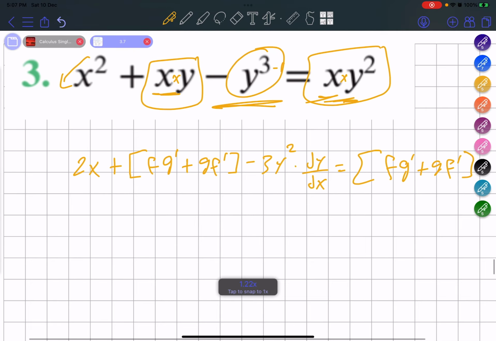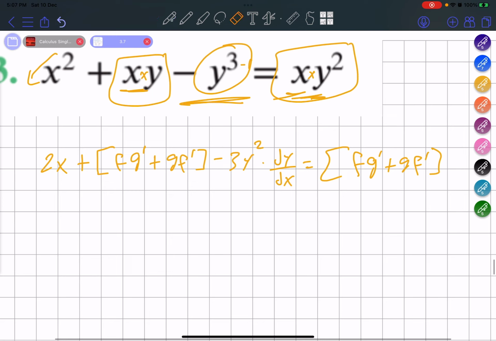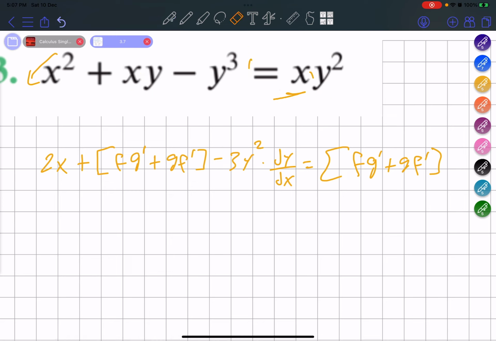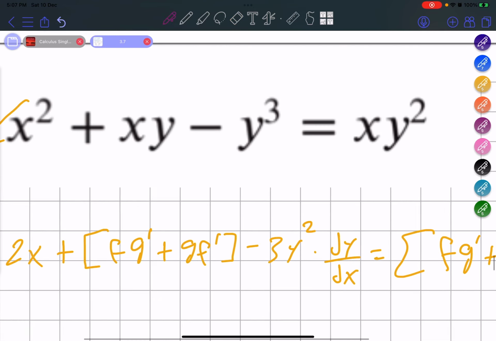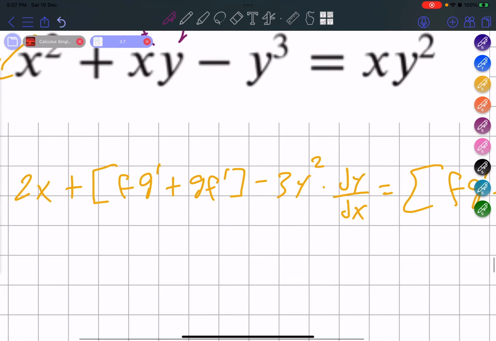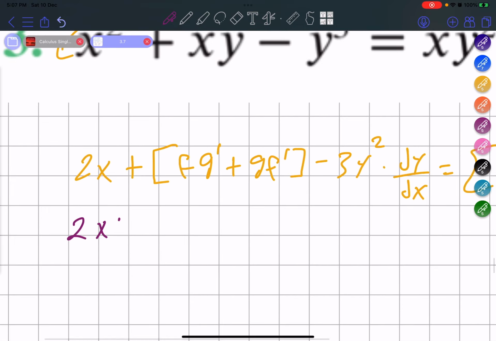Now, let's actually start finding the values for the product rule for each of these two equations. So let's just delete this, and now we have, this is f and this is g. Let's find the first one. Let's first of all write 2x plus.